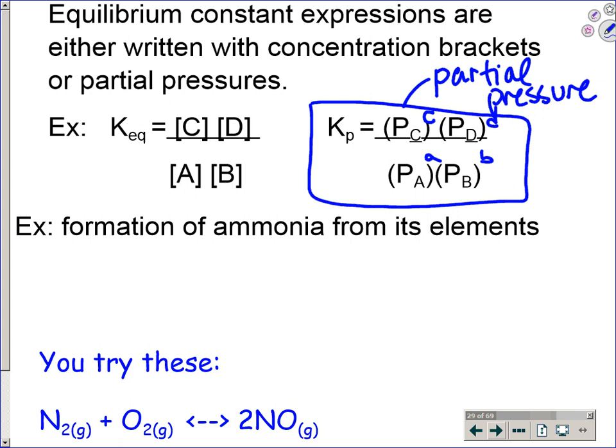NH3 is ammonia. All right, Wesley's table, what's ammonia? The formation of ammonia from its elements. No, formation of ammonia. N2 as in nitrogen gas, yields or plus 3.